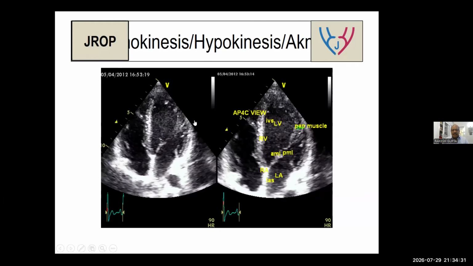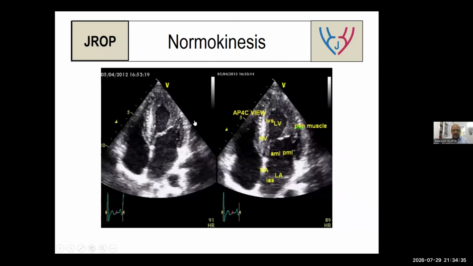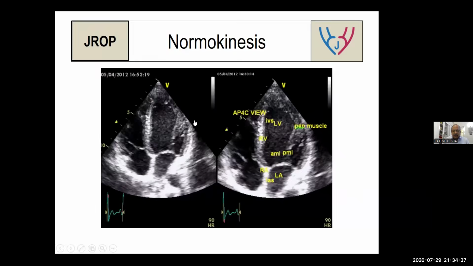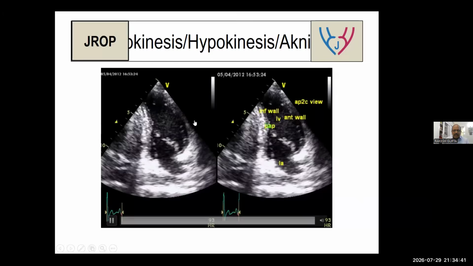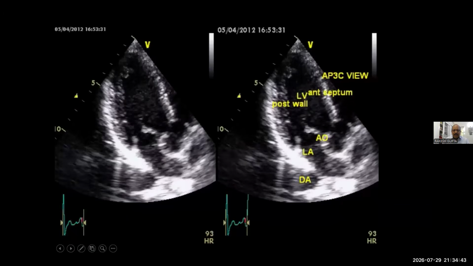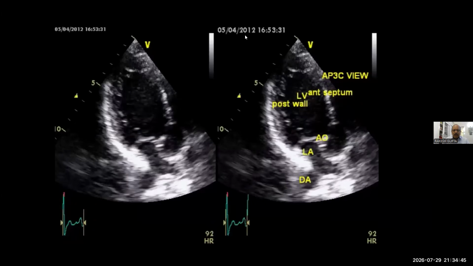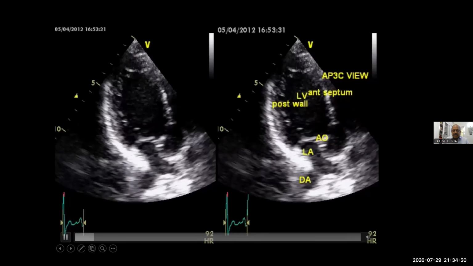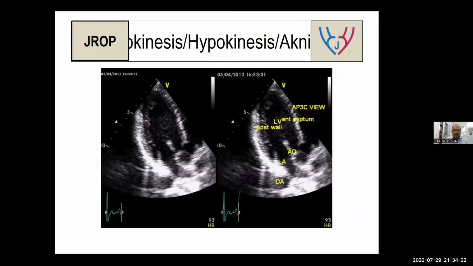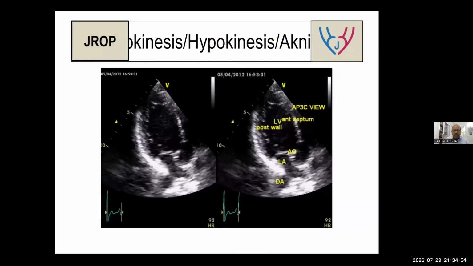When we talk of wall motion abnormalities, we look at 4-chamber view, 2-chamber view, and 3-chamber view to say whether this segment is normokinetic, hypokinetic, or dyskinetic. Unless we see this endocardial thickening, we will not be able to realize what exactly is going on.